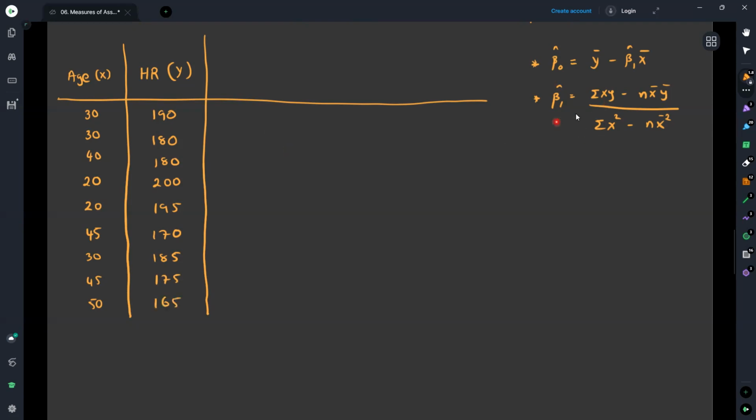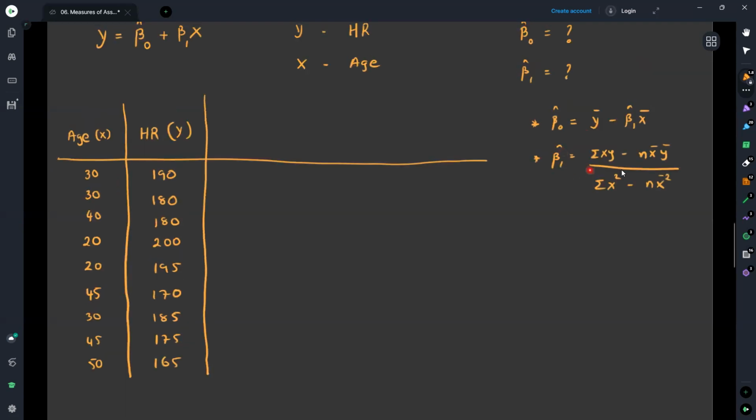To obtain the value for beta 1 hat, since we need the summation of xy and summation of x squared, first I am obtaining the values of x squared and then the values for xy.